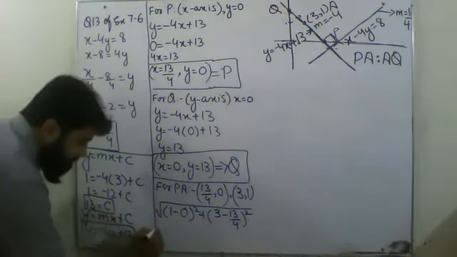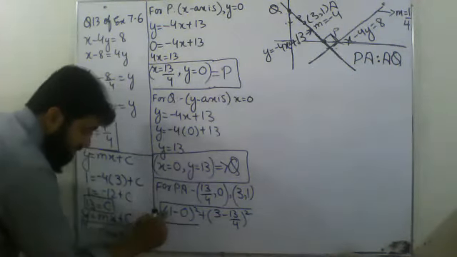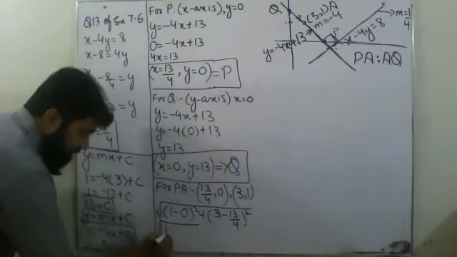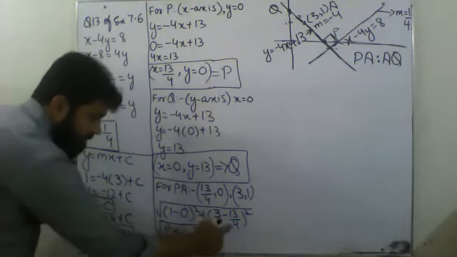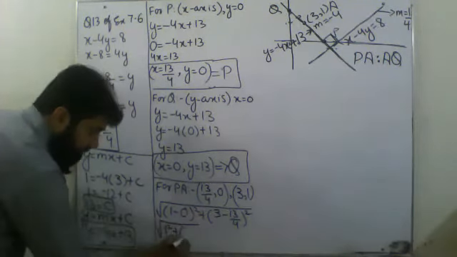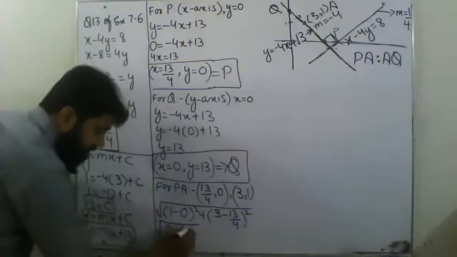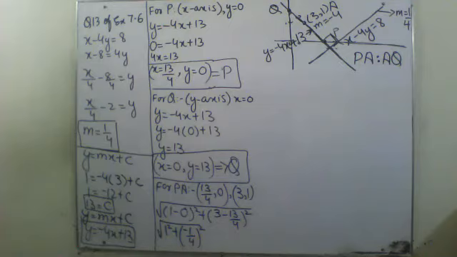After that, this will be 1 minus 0 will be 1 whole square plus 4 3s are 12, 12 minus 13 over 4 whole square.